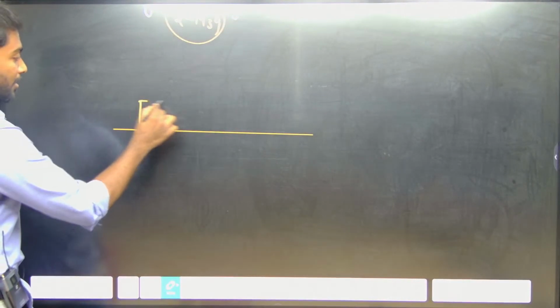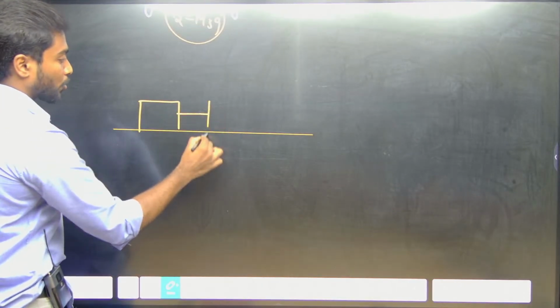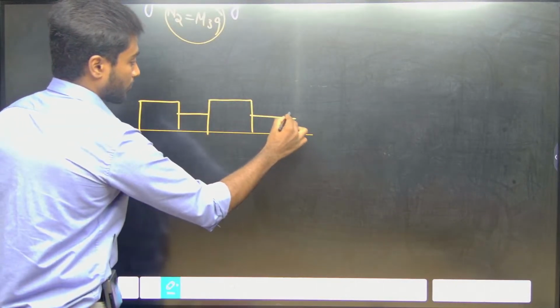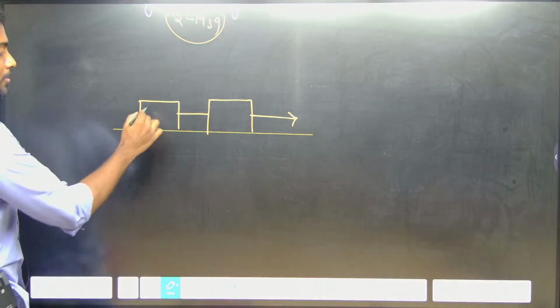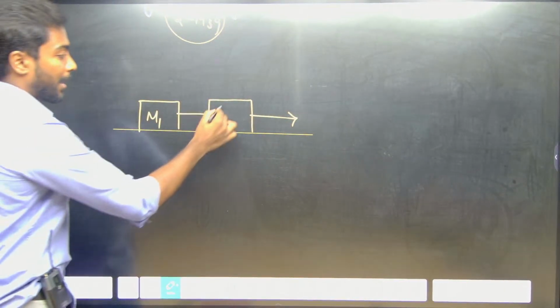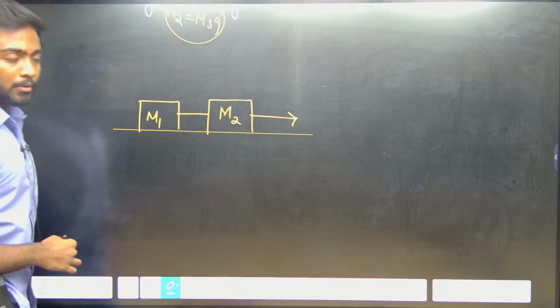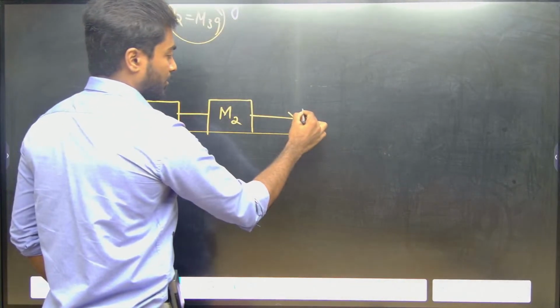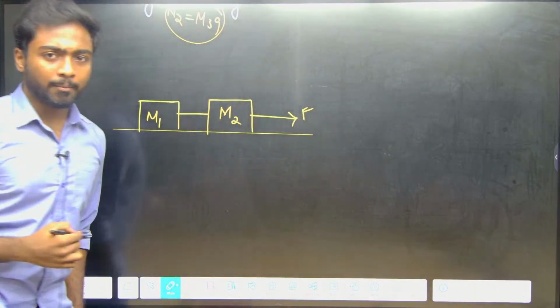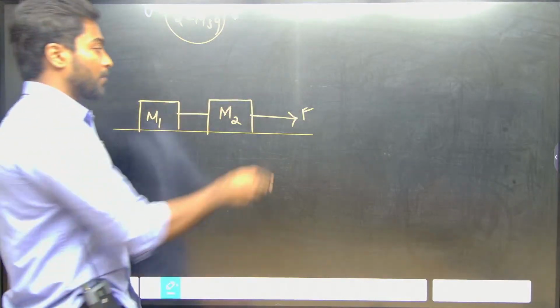When a block is attached with a rope. So let me consider this is M1 and this is M2. And what about this one? Some force is acting, we will take. What force, sir? An external force it can be.